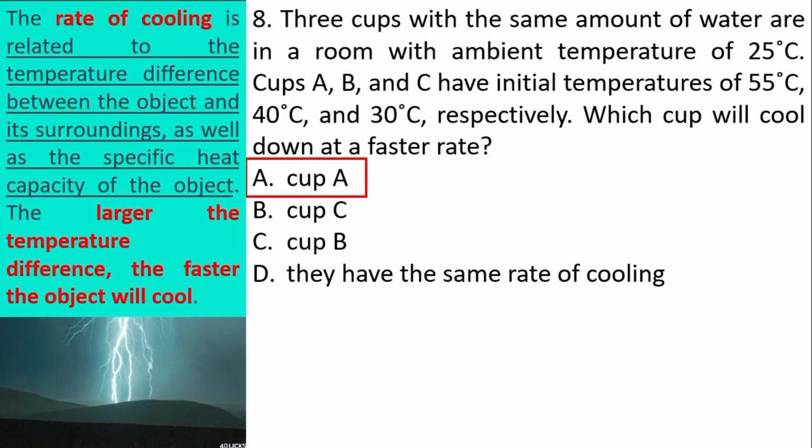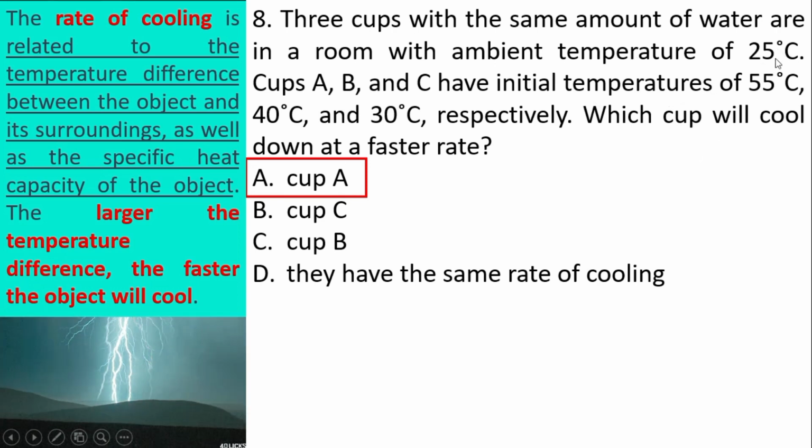Okay, why? The rate of cooling is related to the temperature difference between the object and its surroundings, as well as the specific heat capacity of the object. Take note of this one. The larger the temperature difference, the faster the object will cool. Which has the largest temperature difference among the three? Temperature difference means subtracting the smaller from the bigger.